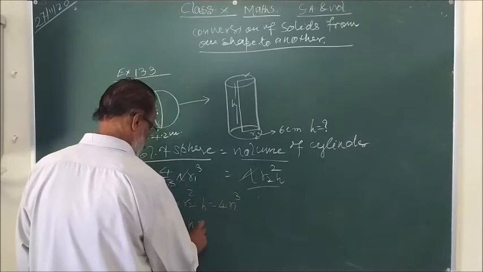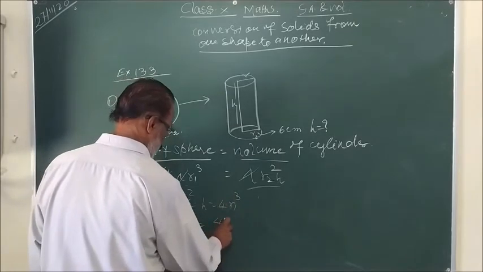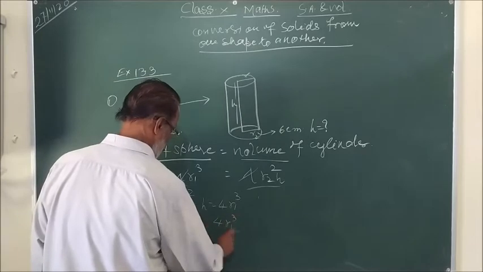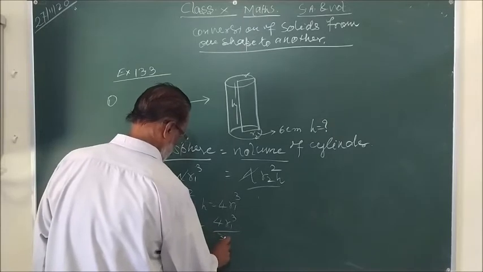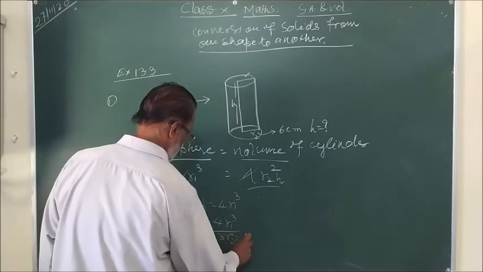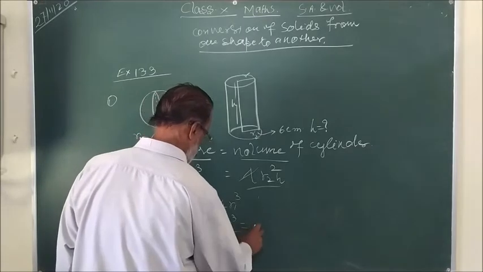So h is equal to 4 r1 cube upon 3 r2 square. Now you put the values.